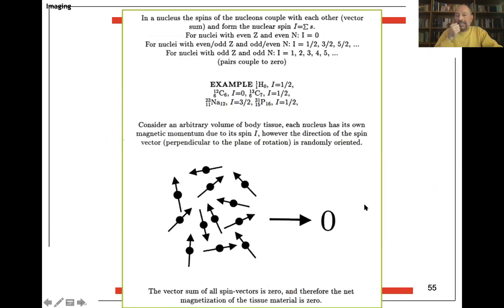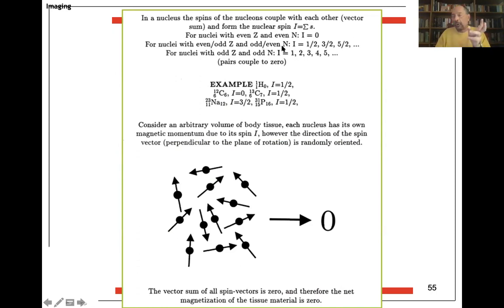Now, essentially, what is the idea here? In the nucleus, the spins of the different nucleons couple with each other. So, if you have nuclei with even Z and even N, the total value will be 0. But nuclei with even Z and odd N, or odd Z and even N, will have half-integer spin: 1/2, 3/2, and so on. And odd Z and odd N will have integer spin: 1, 2, 3, 4, 5.